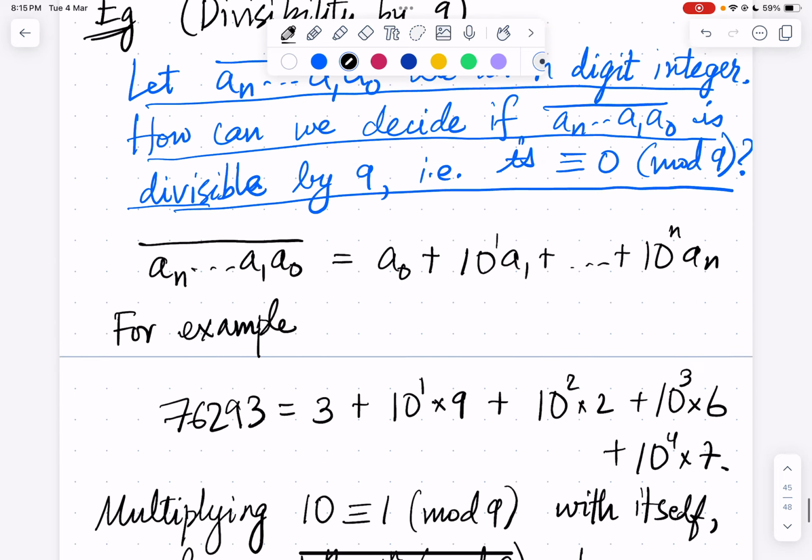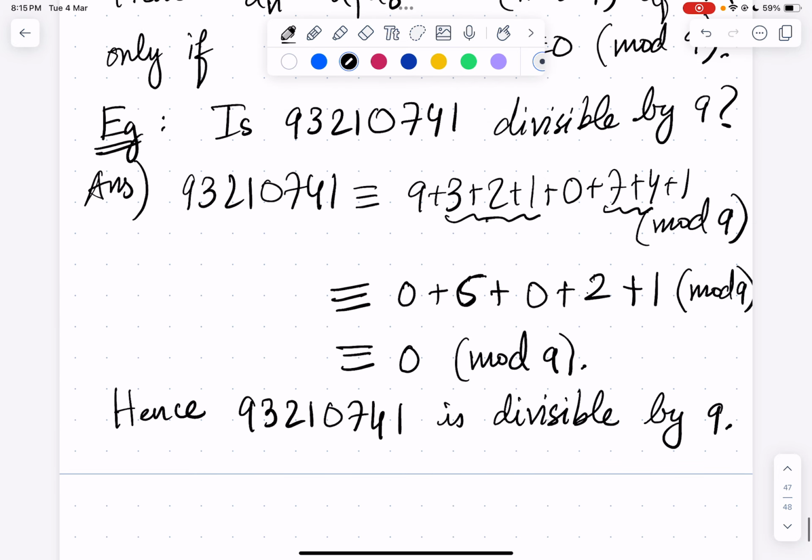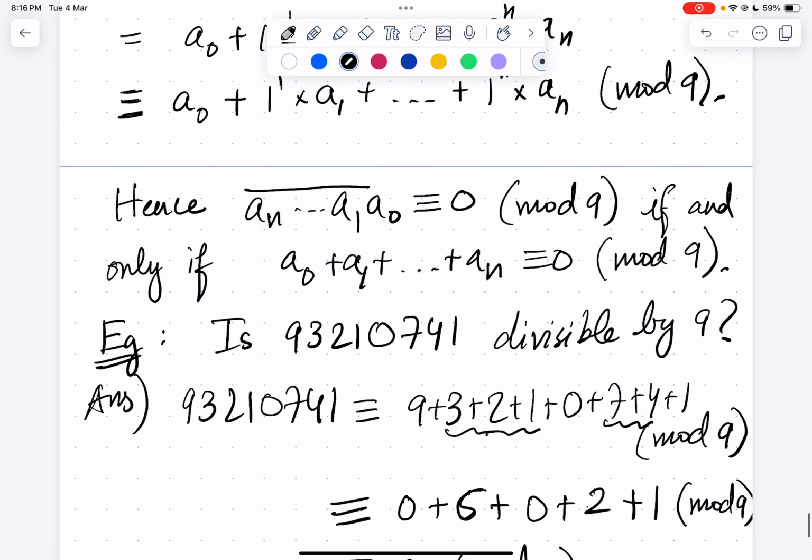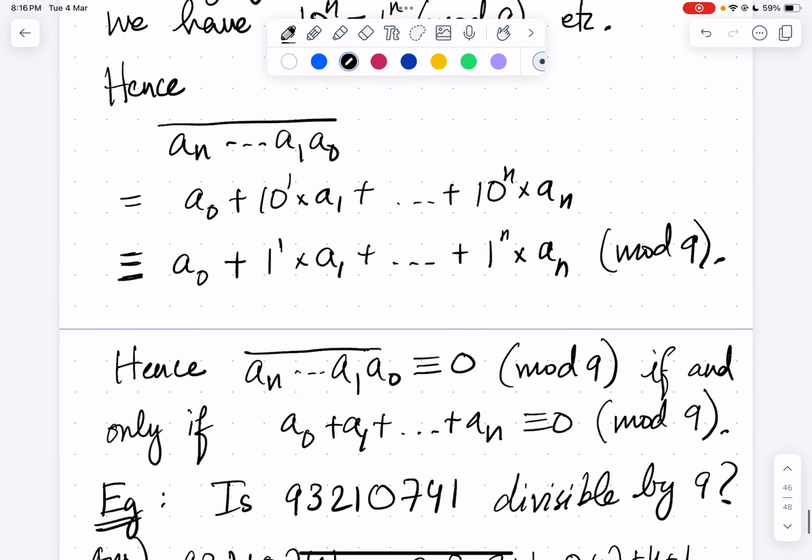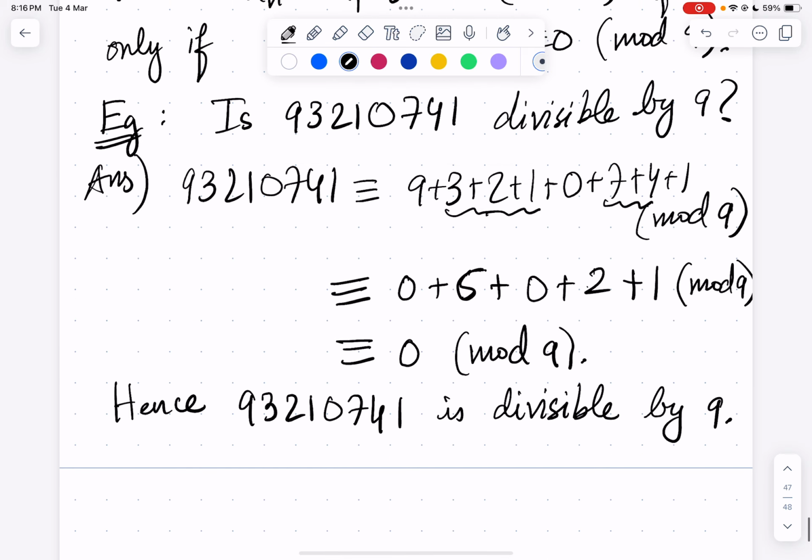So here, 932100741, we can take these congruences. We saw that the n-digit number is congruent to its sum of digits mod 9. So 932100741 is congruent to the sum of digits modulo 9, and this sum of digits is again congruent to 0 plus 6 plus 0 plus 2 plus 1 mod 9.